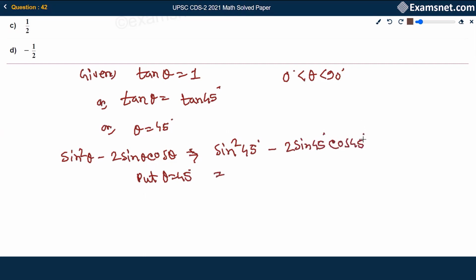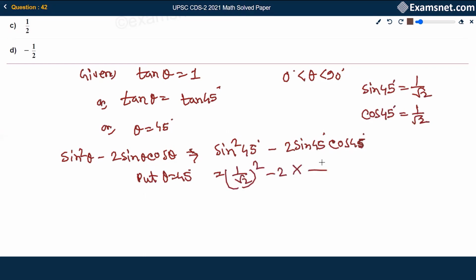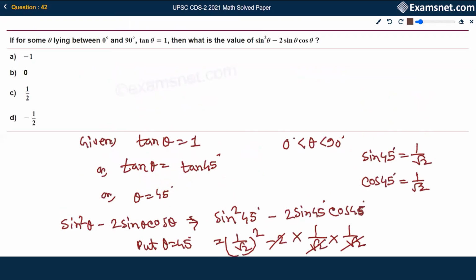Now we know sine 45 degree gives us value 1 by root 2. Cos 45 degree also gives us the same value 1 by root 2. So (1 by root 2) whole square minus 2 multiplied by 1 by root 2, 1 by root 2. So half minus 1 results in minus half. So here option D is the correct answer.